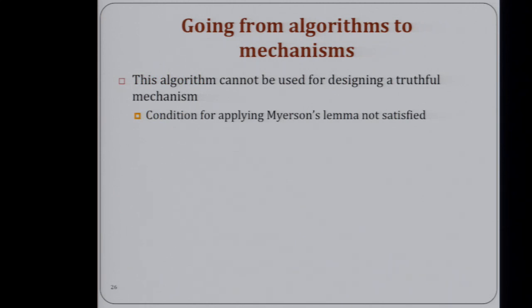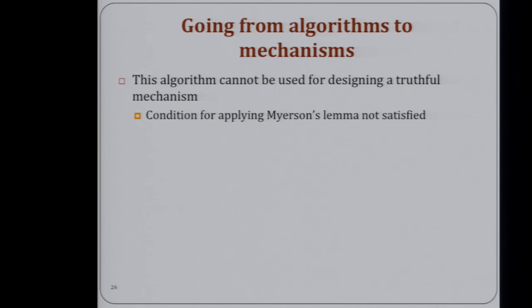We want eventually to get truthful mechanisms. I won't go into too much detail here, but the problem is that if we want a mechanism, we need an algorithm which satisfies a different monotonicity property.